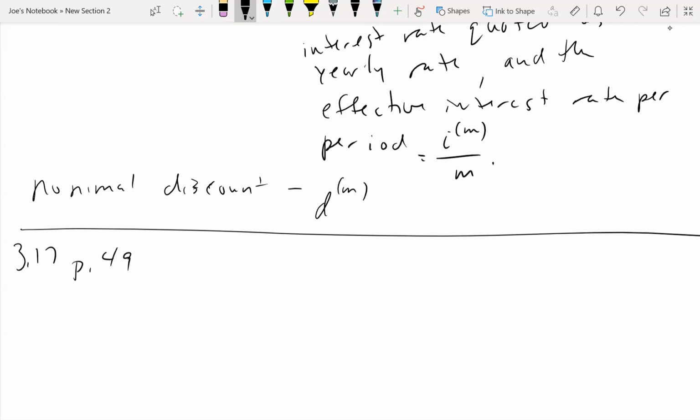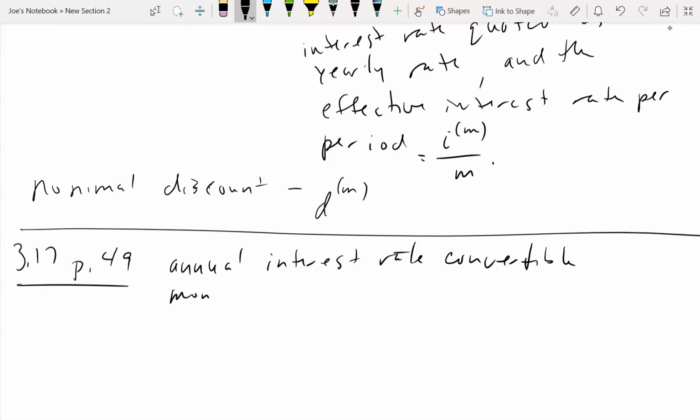All right, so this problem tells you that the annual interest rate convertible monthly is 12%. There are quite a few words in that. Notice that the word effective is not used here. It's used later on in the problem, but not in this statement.